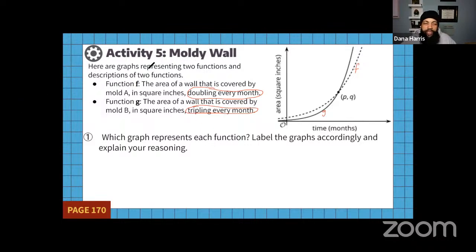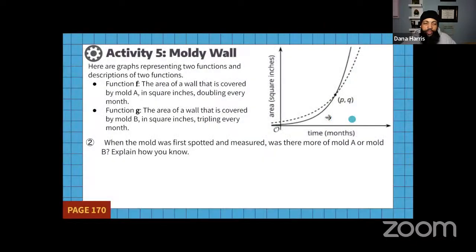Let's go to the next one. So we know the solid line is g, the broken line is f. And then it says, when the mold was first spotted and measured, was there more of mold A or more of mold B?